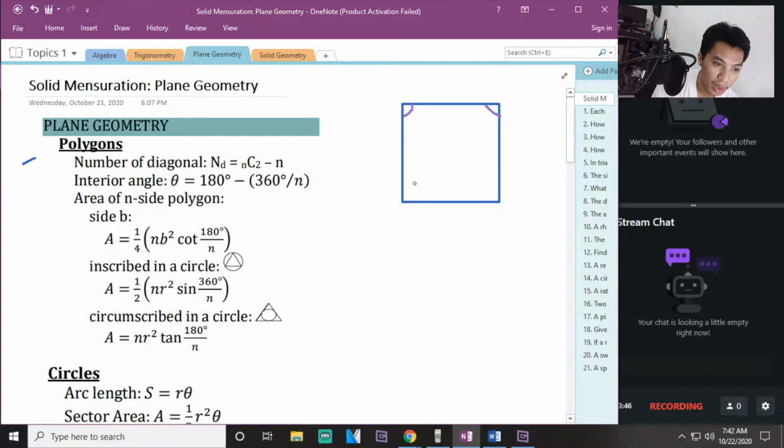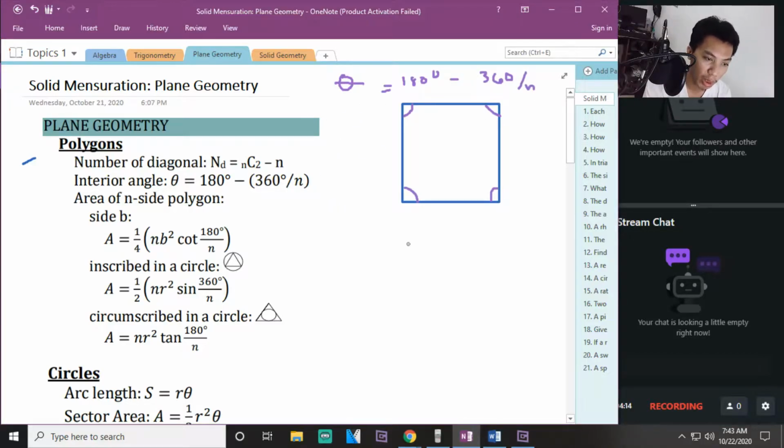So, kapag naman na regular polygon, regular din naman ng edge angle. So, the interior angle is equal to theta. Okay? Theta, interior angle, nag-iisang interior angle. Equal to 180 degrees minus 360 divided by n.